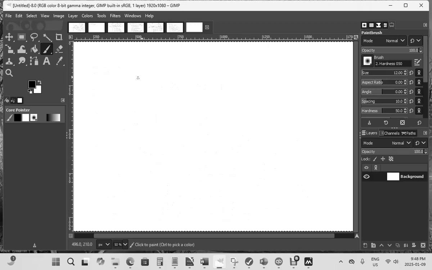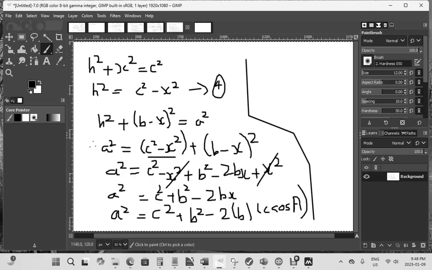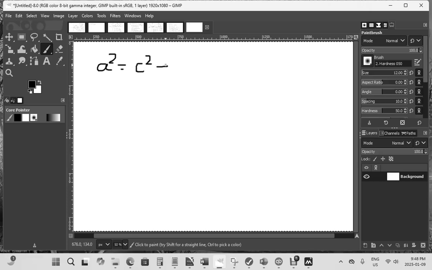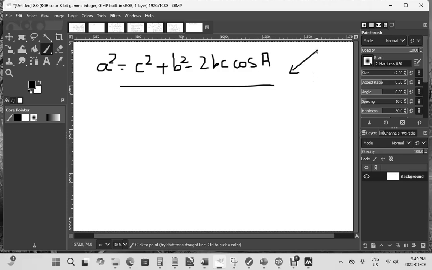So A squared equals C squared plus B squared minus 2BC cos A. This is basically your cosine law.